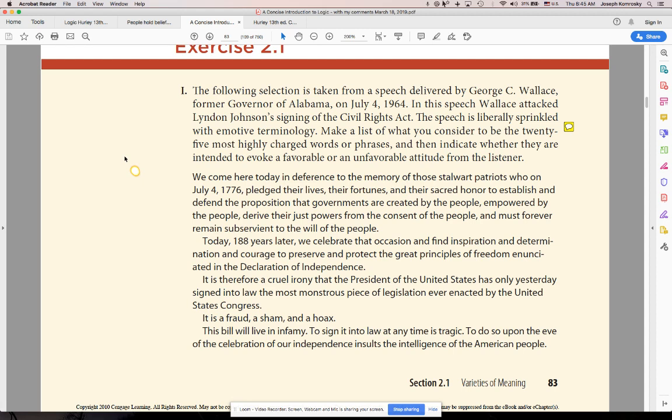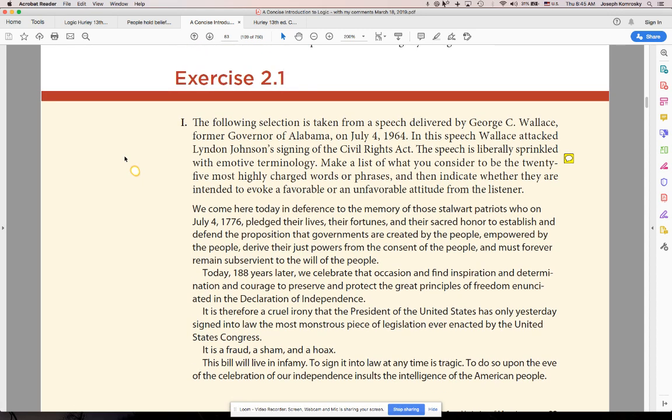Yes, let me go up to another section of a possible homework you could have. And this is the easy one. This section, written by George Wallace, Hurley's trying to say, hey, why don't you go through here and make a list of 25 highly charged words or phrases, again, intending to evoke a favorable or unfavorable attitude.